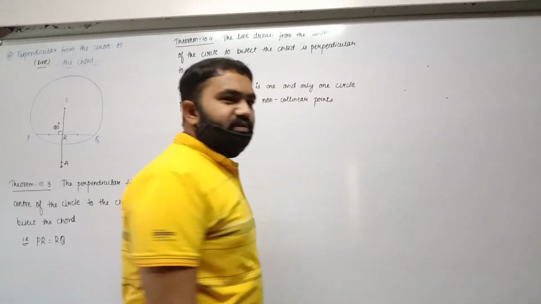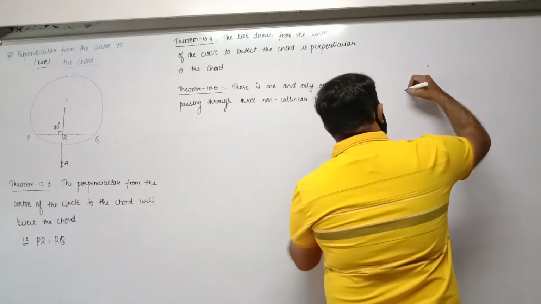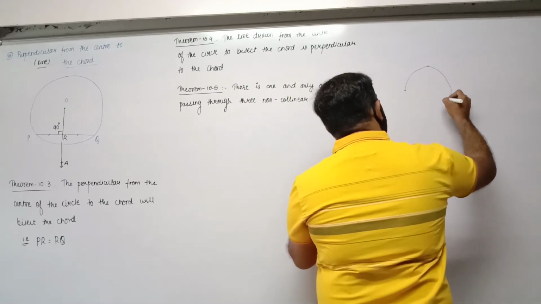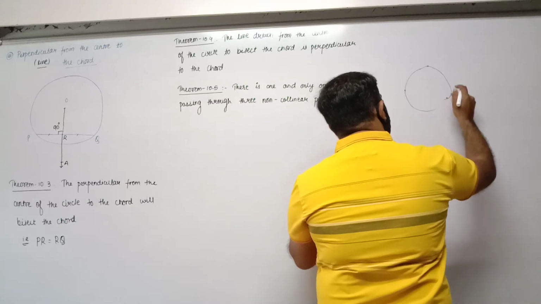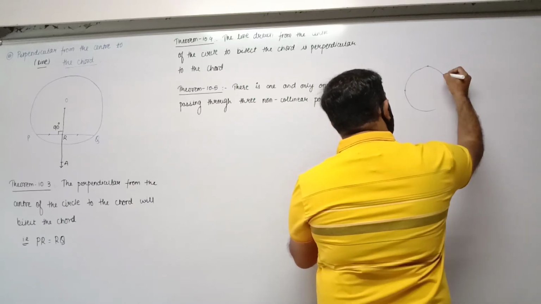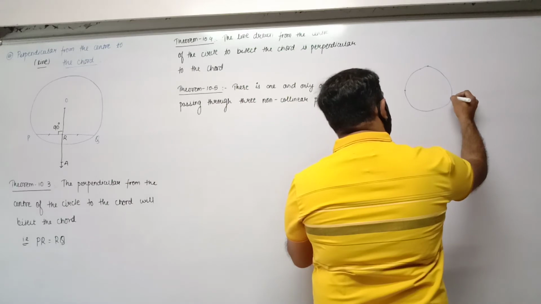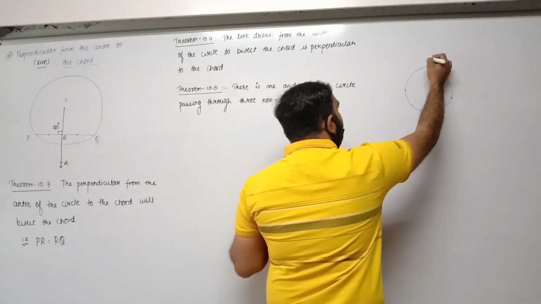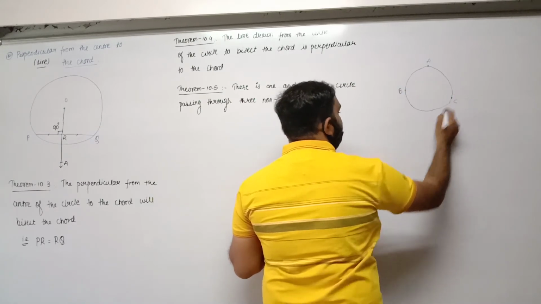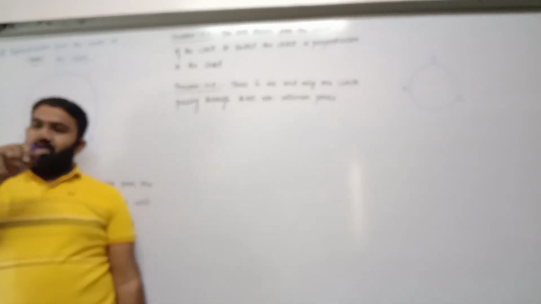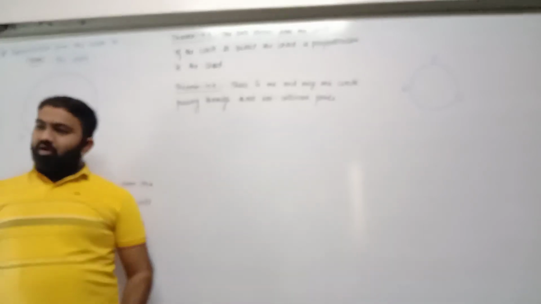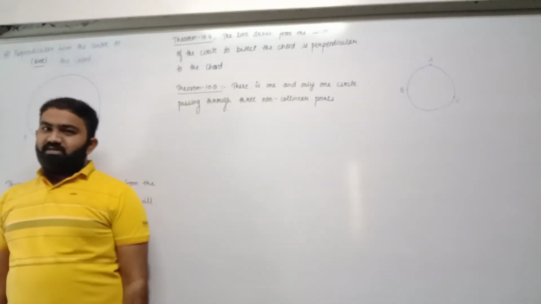Can I draw a circle through this? Yes. Starting with this point, A, B, C, I have started from point B and have ended again at point B. So can I draw another circle like this passing through A, B and C?